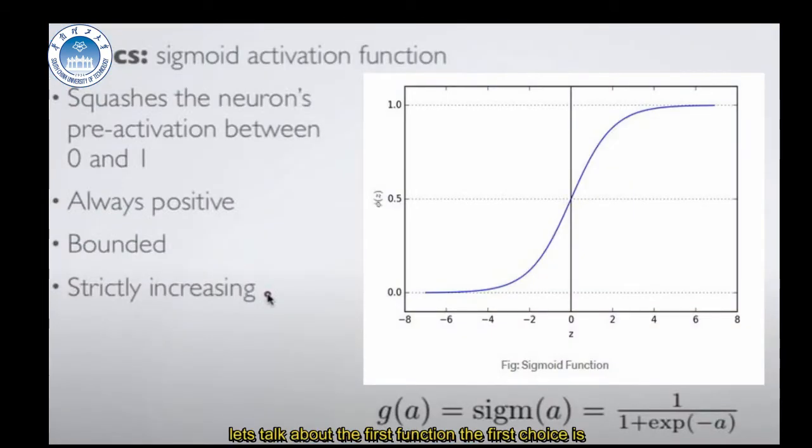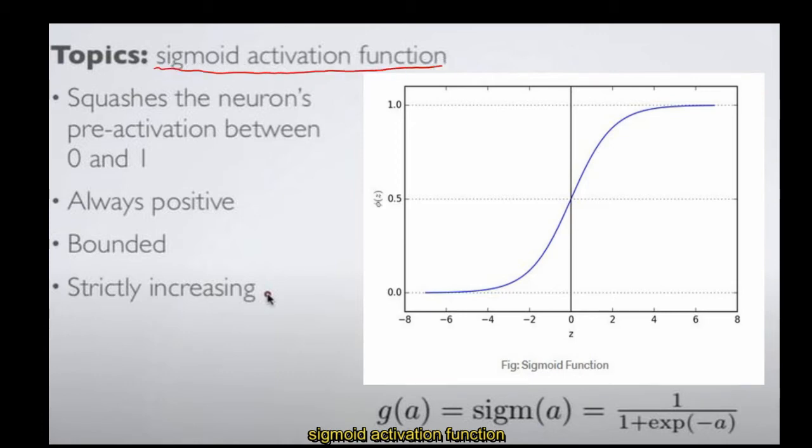Let's talk about the first function. The first choice is the sigmoid activation function. We note it with the acronym SIGM, and it can also be represented by the sigmoid symbol.